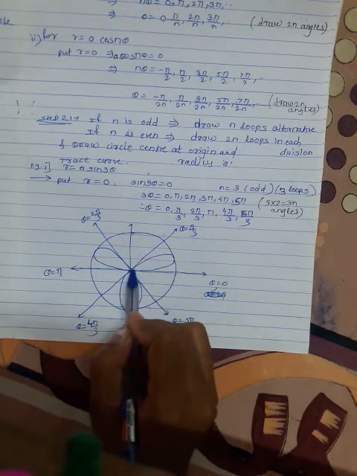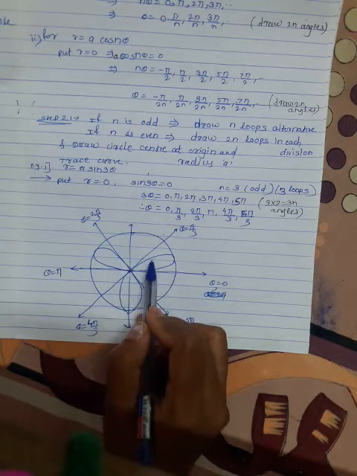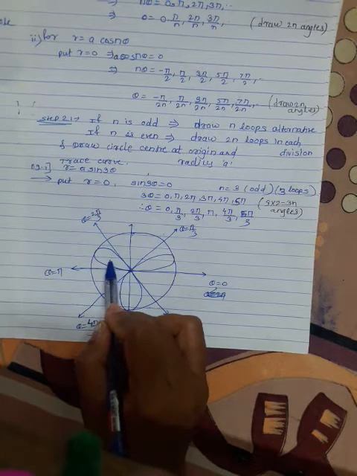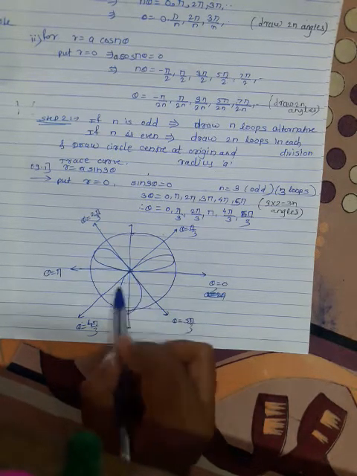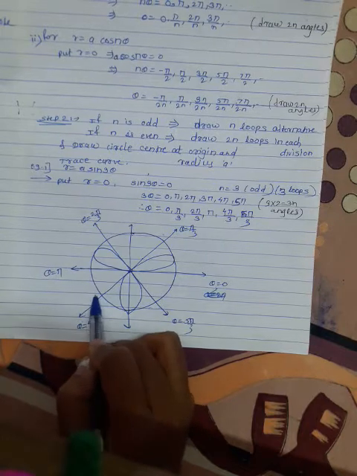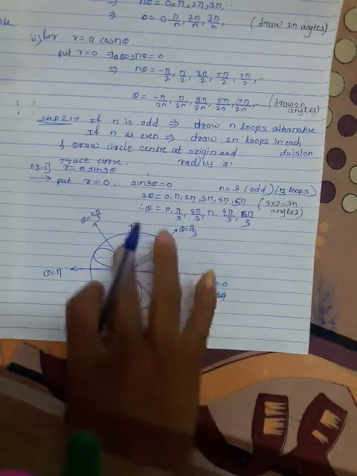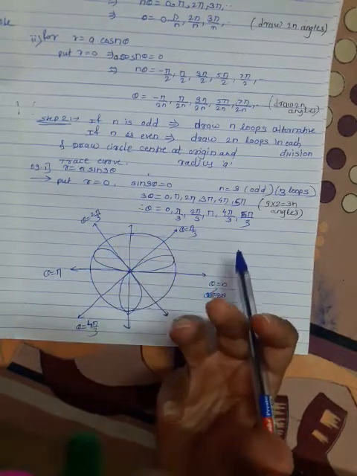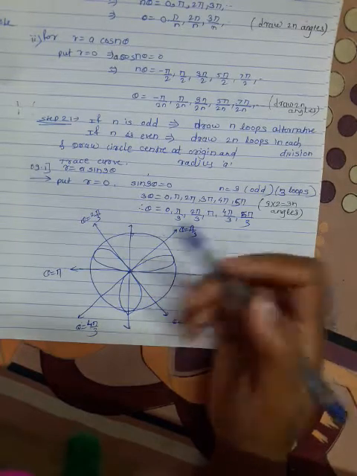This is one loop. Alternative means you skip this division and make the loop in the second alternate division. This is the second loop. Now skip this division, and this is the third loop. This looks like a rose petal curve. That's why these curves are called rose curves.